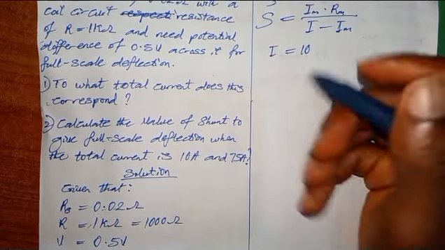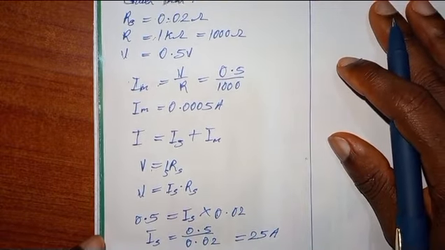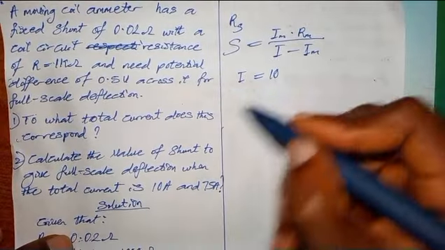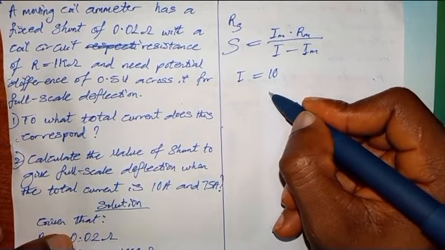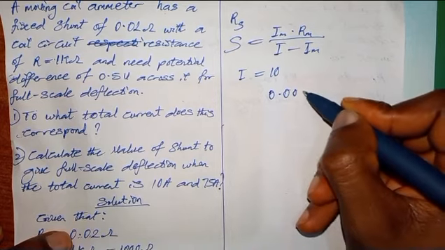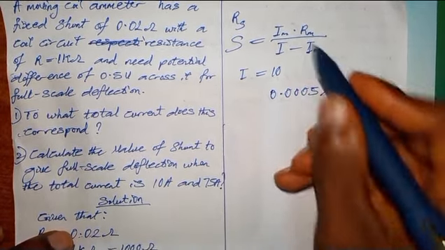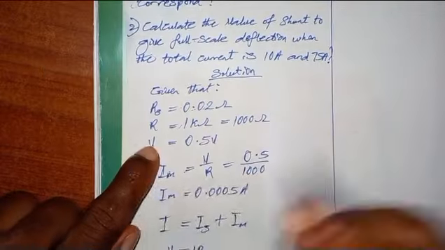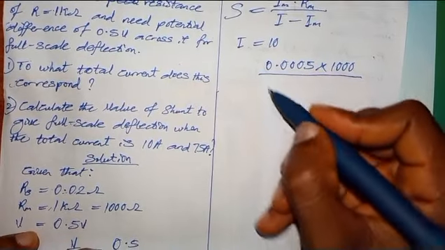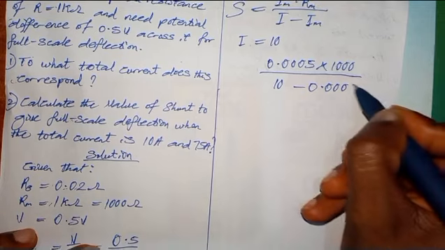So if you fix in the formula, the first one, you have solved for Im and Rm. Now fixing this, Im is 0.0005 times 1000, which was Rm, divided by 10, which is the total current, minus 0.0005.